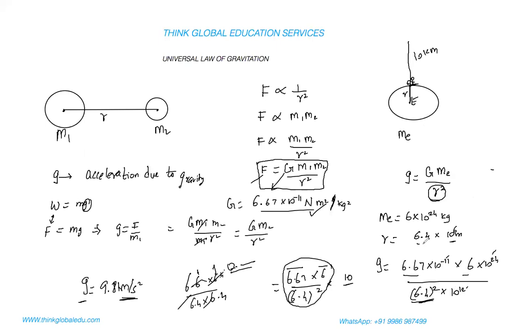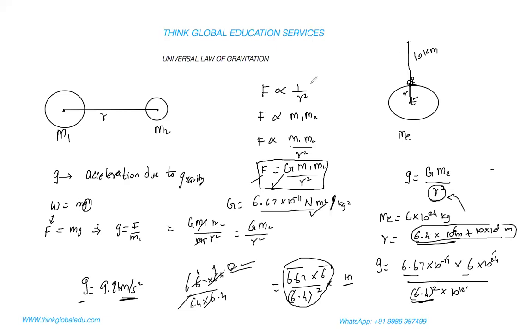This is the change we introduce into this formula to find the gravitational field strength at 10 kilometers from the surface of the Earth, which would be a slightly different value.